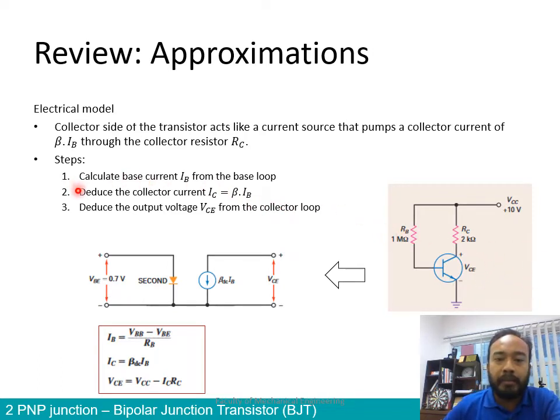The steps in order to calculate VCE: first, calculate the base current IB from the base loop. The base loop here is 10 volts. Here we put only one voltage, because this voltage is the same for VBB and VCC. You can connect them together like this.